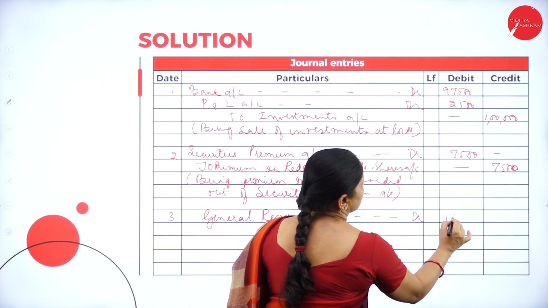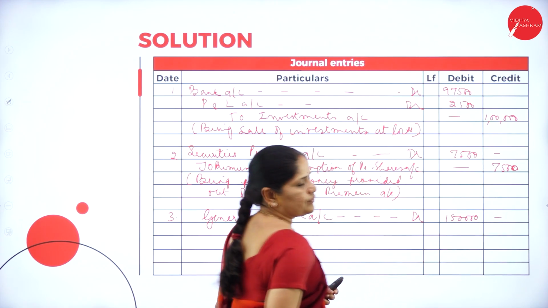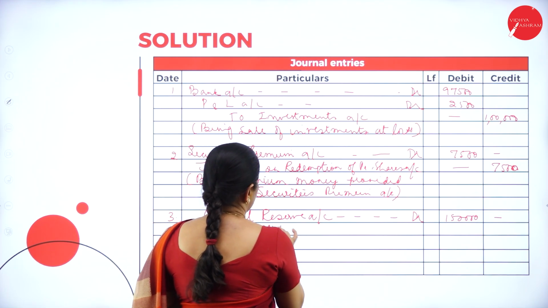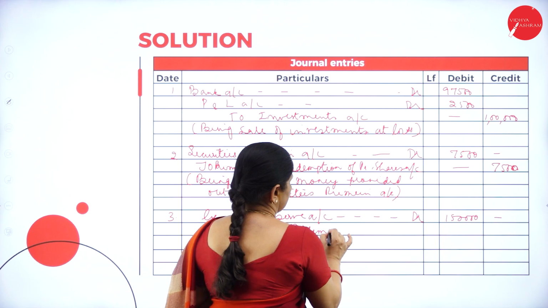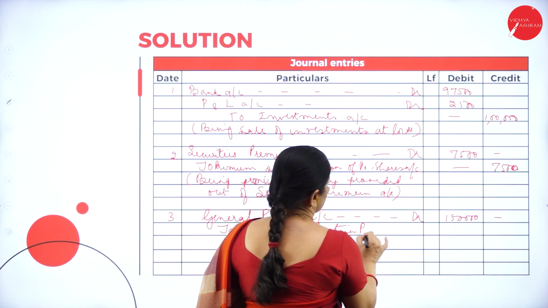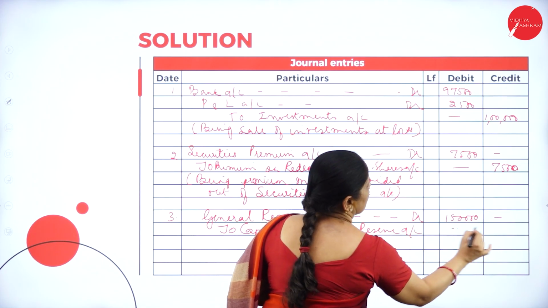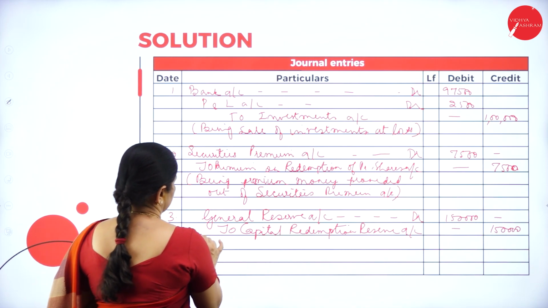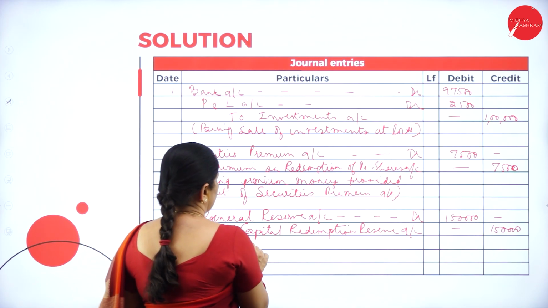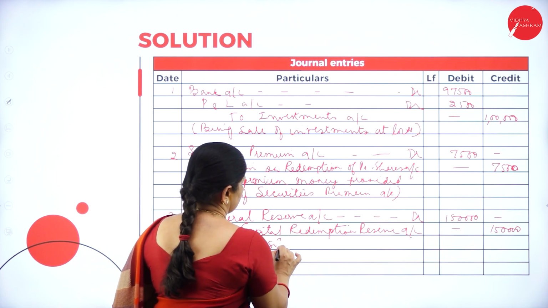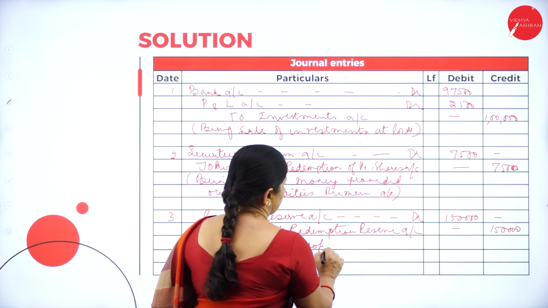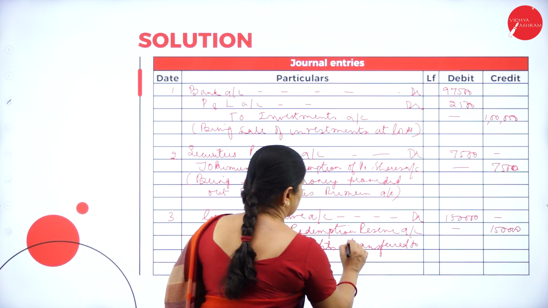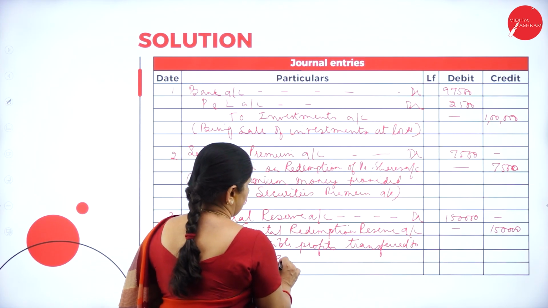General reserve account debtor 1,50,000 to capital redemption reserve account 1,50,000, being divisible profits transferred to CRR account.